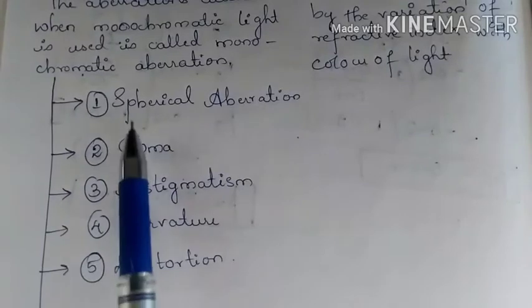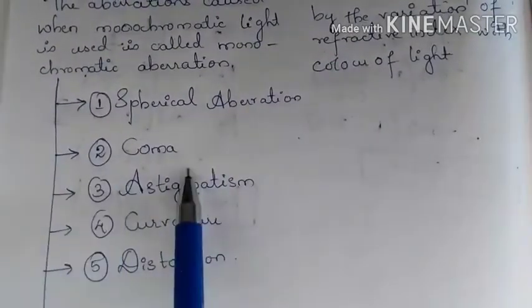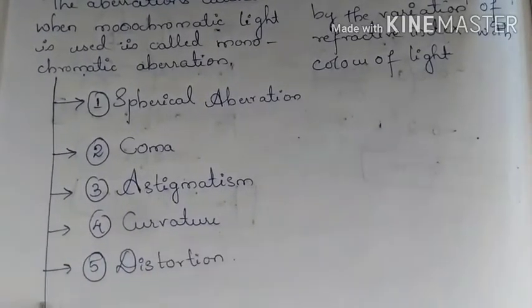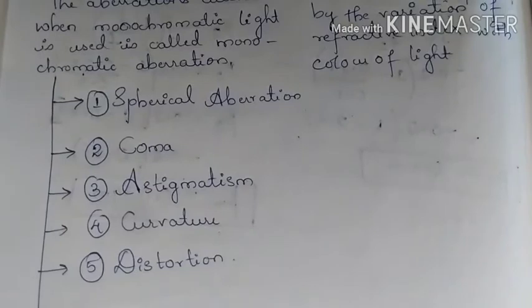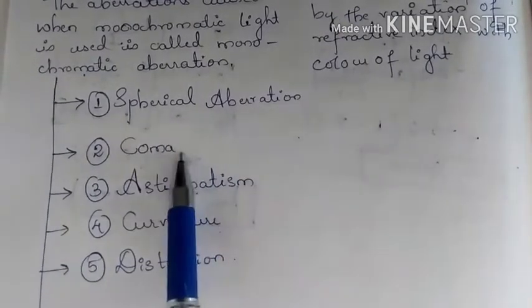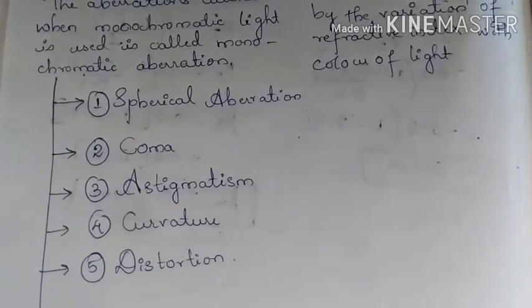The first type here is spherical aberration, the second type is coma, third is astigmatism, fourth is curvature, and fifth is distortion. So let us try to understand what are these: spherical aberration, coma, astigmatism, curvature, and distortion.